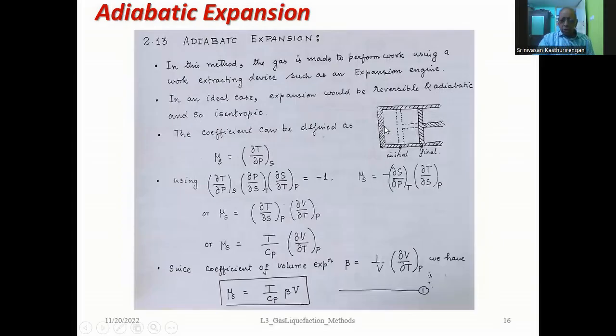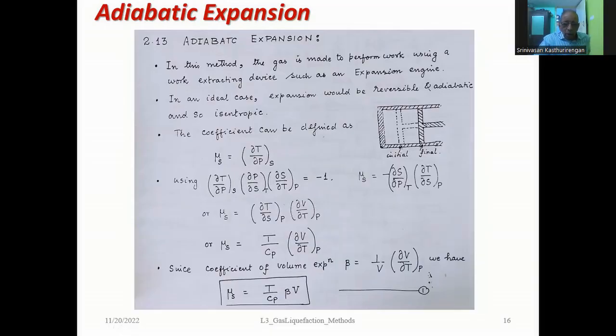The initial position of the piston is shown by the dotted lines, and then the gas expands and tries to move the piston outwards, and the whole system is completely isolated. Therefore there is no heat transfer from outside, so it is an isentropic process. The gas is expanding the piston and doing some work. The work is coming from the gas itself, and the gas drops in its temperature.